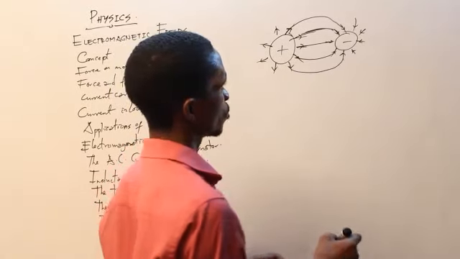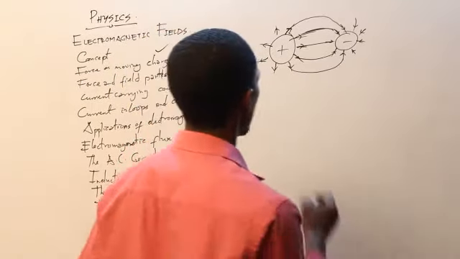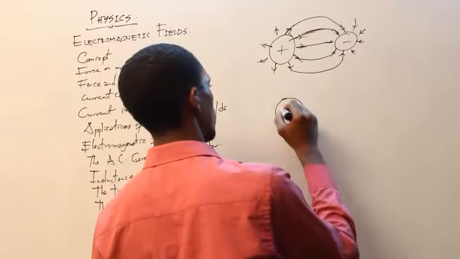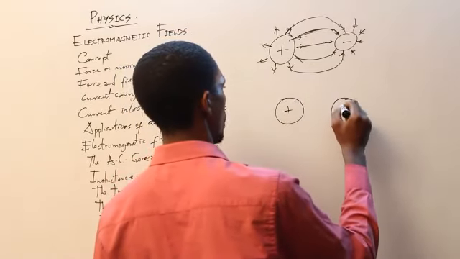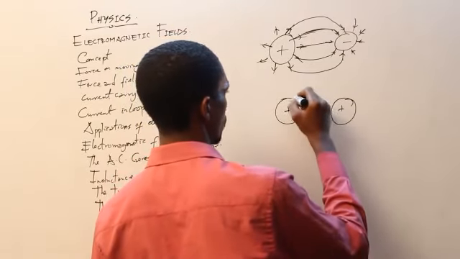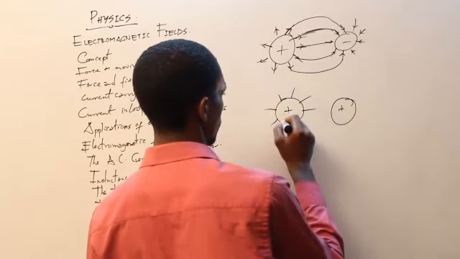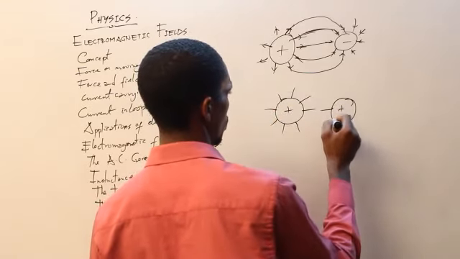They will connect to each other. But in the other profile, where you have plus and plus or minus and minus, this one wants to give away. This one also wants to give away.